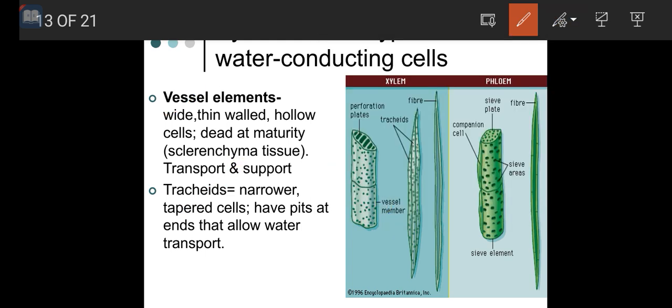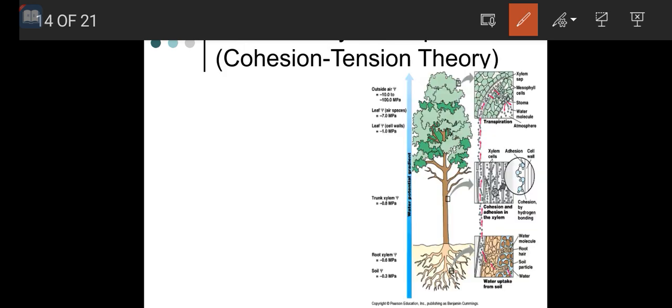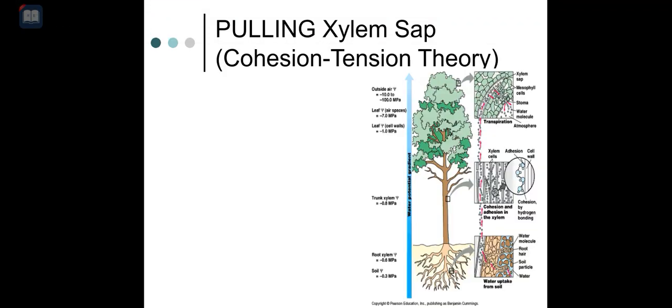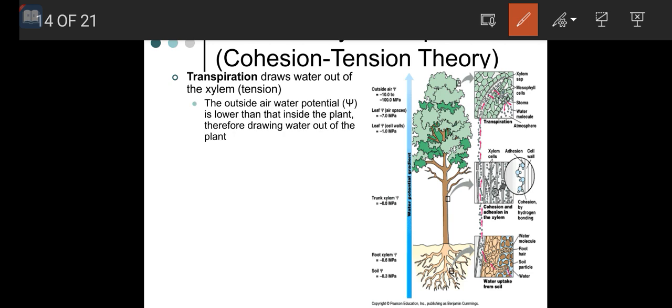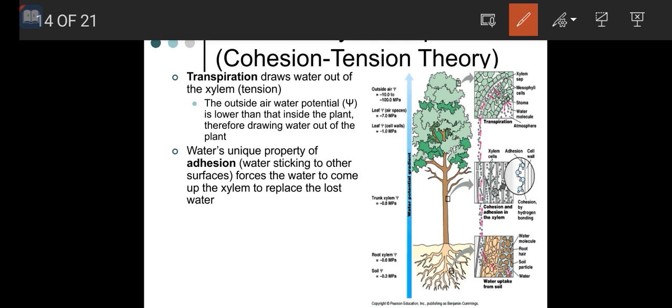Pulling xylem sap: the tension theory, or cohesion-tension theory. Transpiration draws water out of the xylem, creating tension.